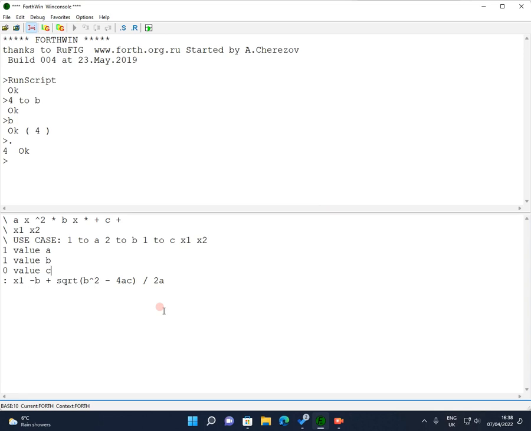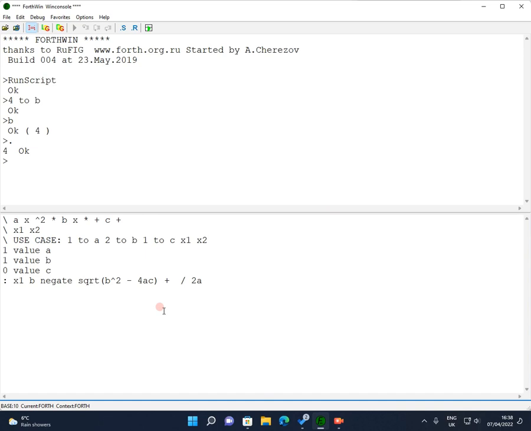So can we do that? Yeah, we can. Some of these we have not defined yet, but we can always define them later. So minus b. So how do we get minus b? Well, we do b negate, so that means minus b. This plus is going to go to the other side.